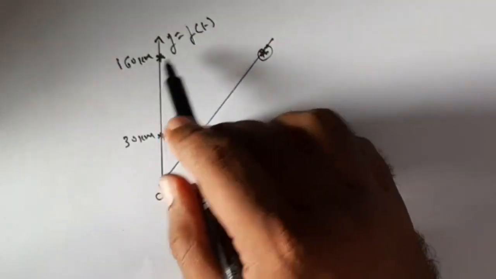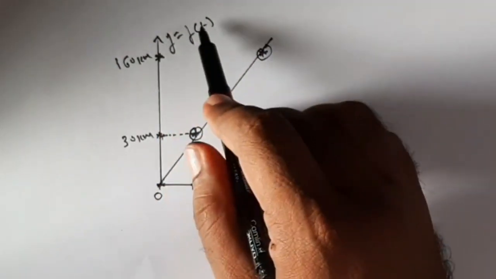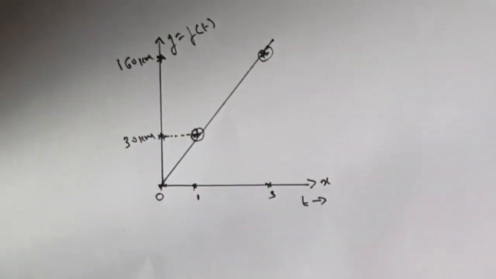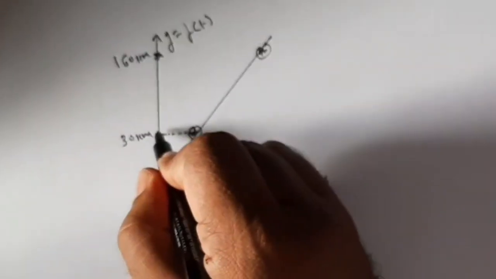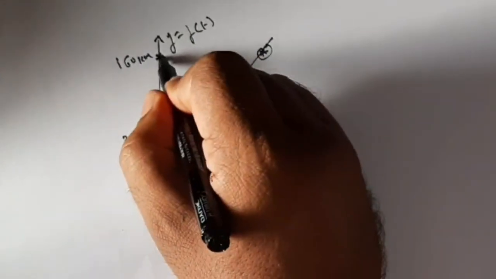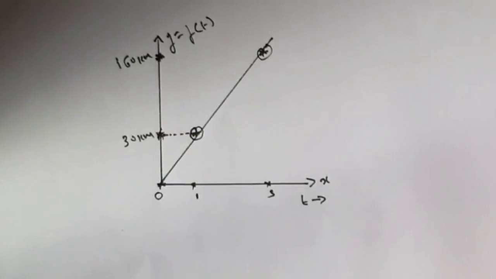Y is equal to f of t means y is a function of t. Now I am interested in finding the speed of the car from this position to this. So what is the speed of the car? That I have to find.